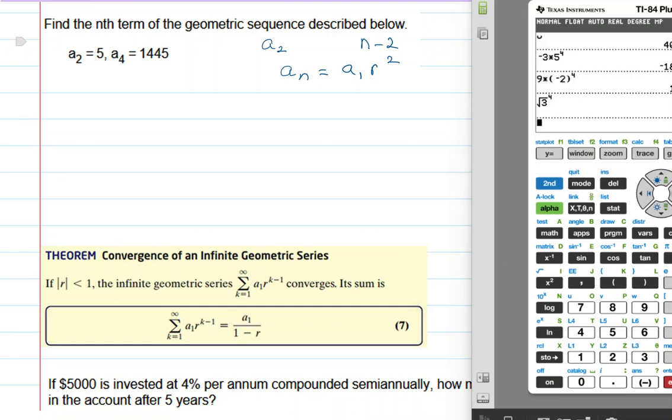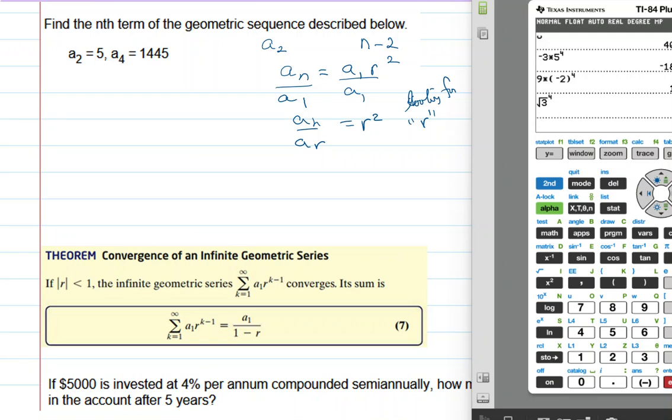So that we're going to have a sub n divided by a sub 1 equals r squared. Because we want r, which is our base value.